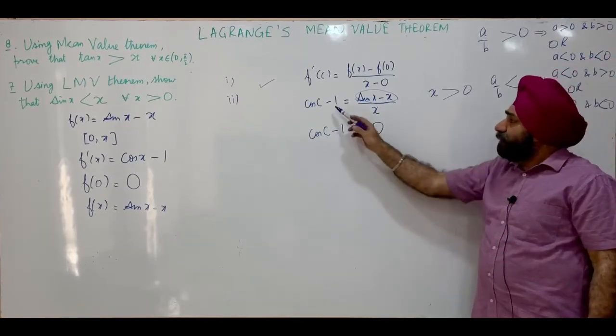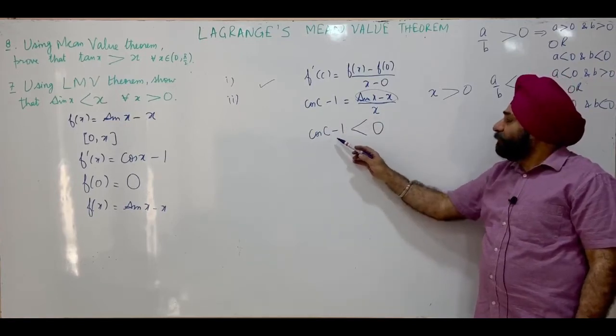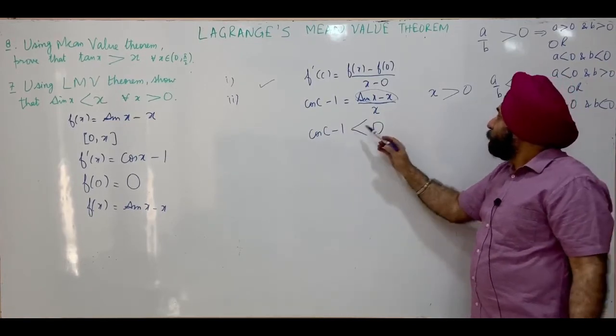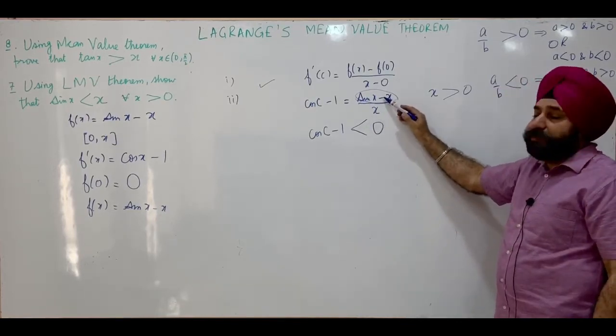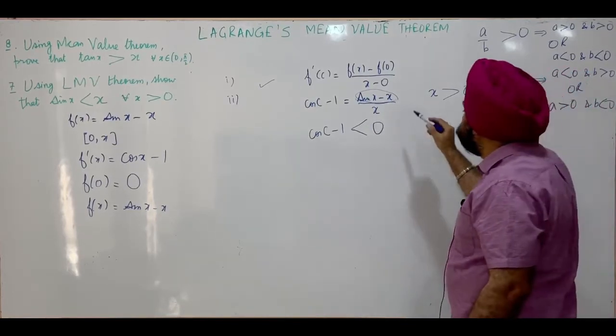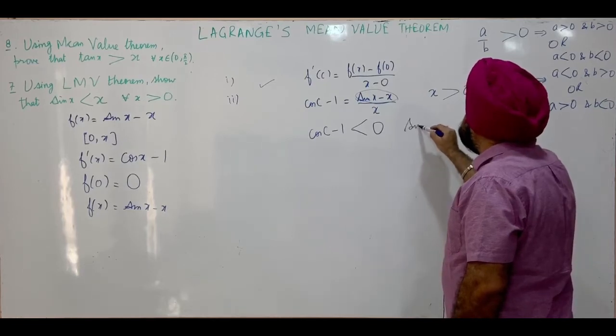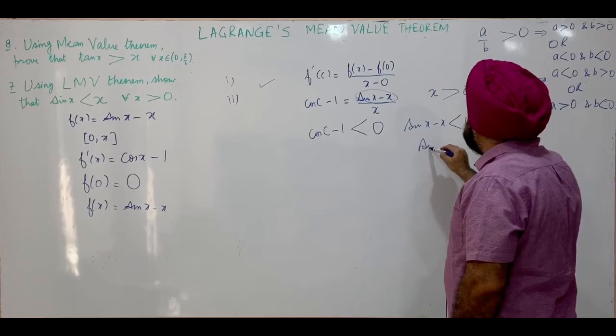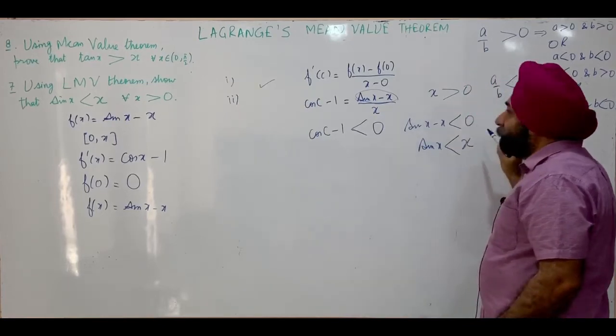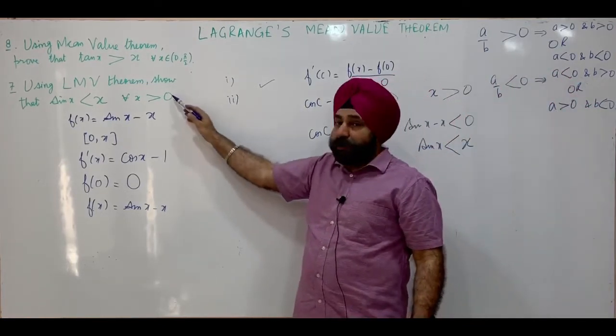So what is the sign of the left hand side? This is negative. Cos of c minus 1 is negative. This is positive. Therefore, this must be negative. Sin of x minus x is negative. Or you can say sin of x is less than x. And this is what we wanted to prove.